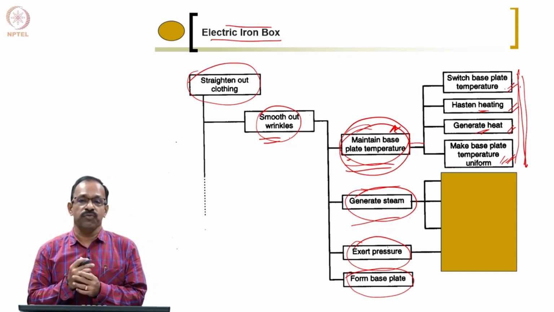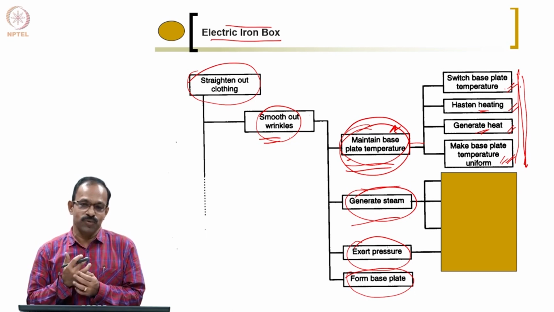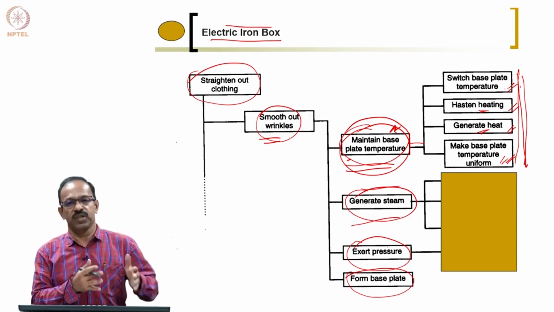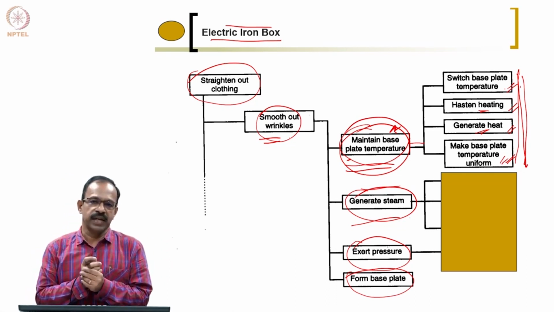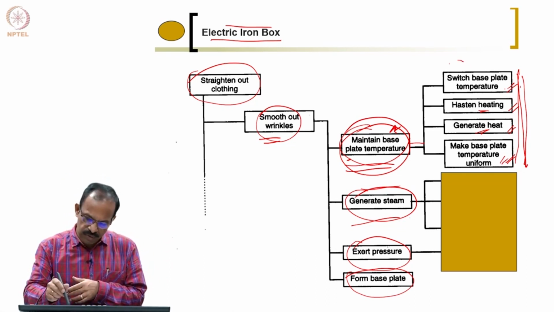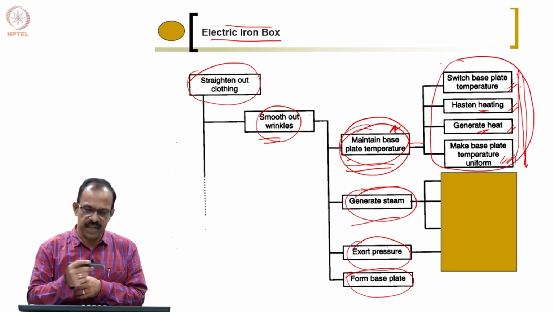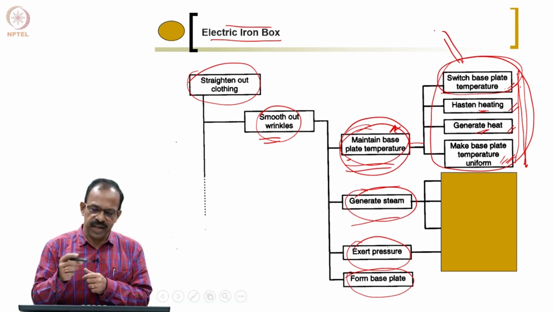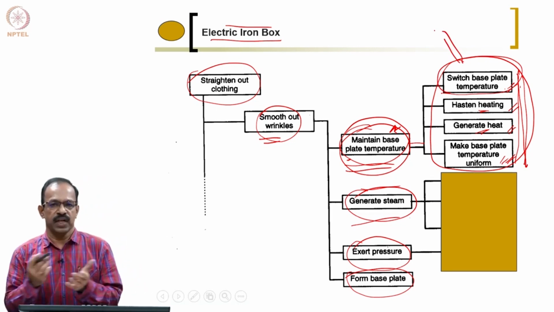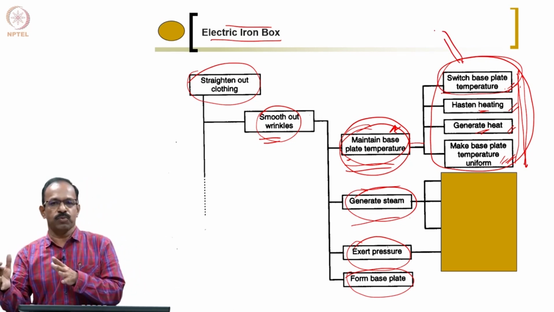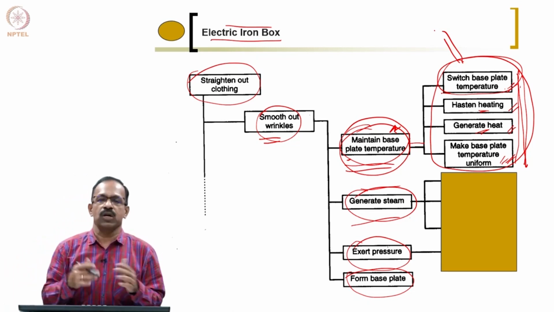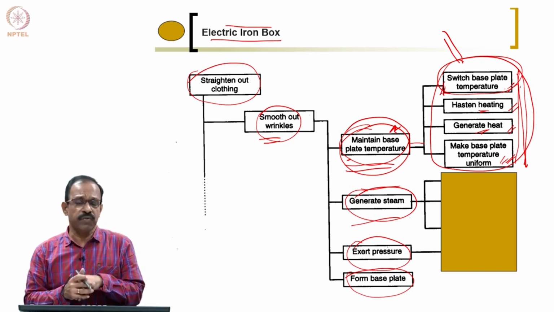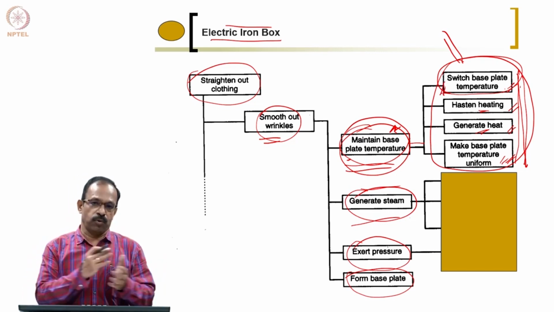So, what is the importance of identifying this? Because if you are trying to design a new product, a new iron box, and you find that in the existing products there is a problem with the heating, then you know out of this which function is the one which creates the problem, and then you can take out that function and try to identify a new method to satisfy that function, because how you actually provide that function in the product depends on what concept you are using, and therefore you will be able to modify this function in order to improve the product.